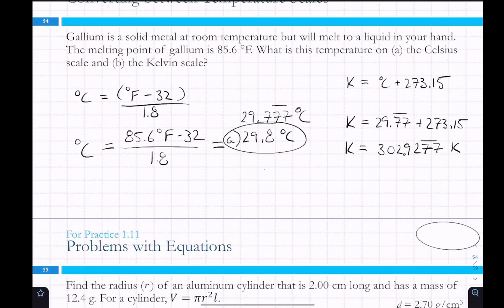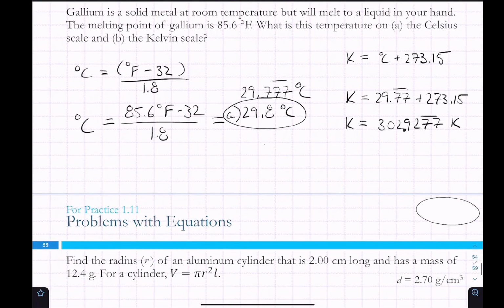Oh, I forgot my decimal. And again, well, actually, this one is not quite exact. So actually, I need to look up if the 273.15 is exact. It's based on whatever absolute zero is, and so it's going to depend on how well we know absolute zero.